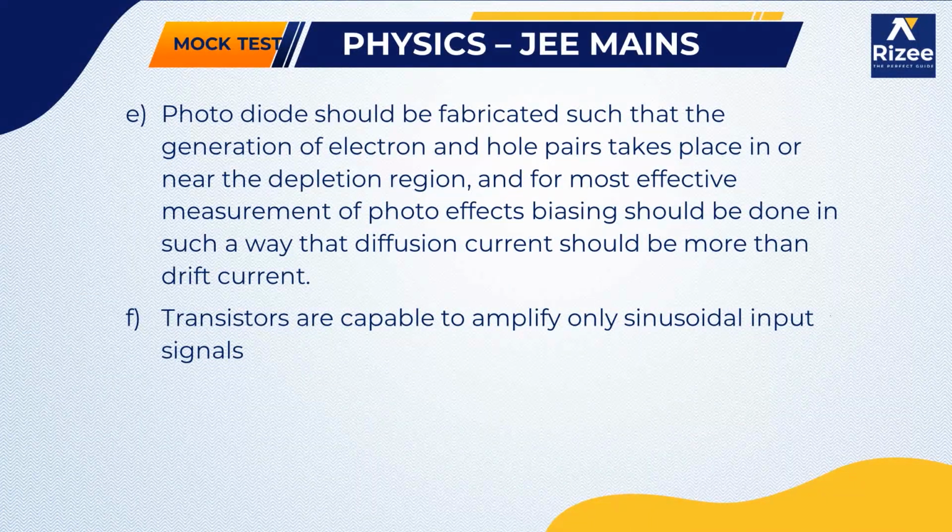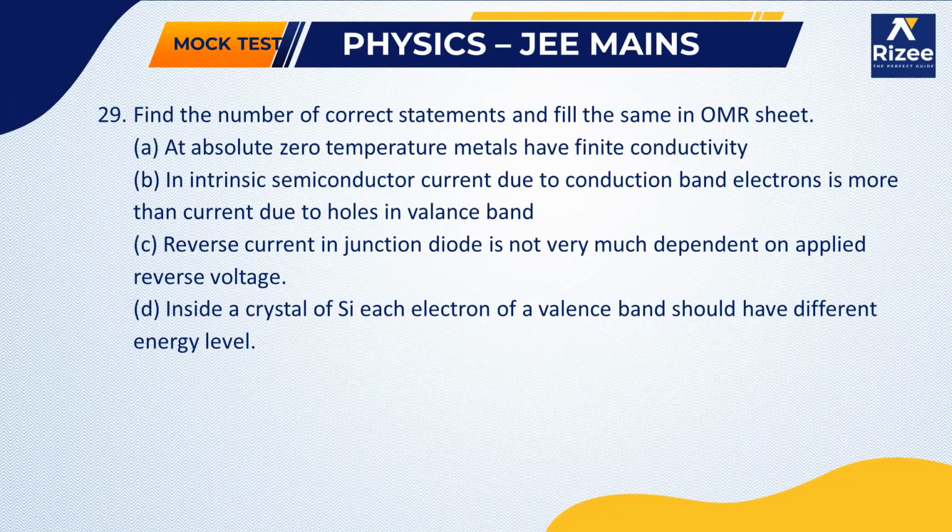Now the photodiode can be fabricated such that electron-hole pair generation takes place in or near the depletion region. For more effective measurements, photodiode biasing should be done in such a way that diffusion current should be more than drift current. So these are some of the questions. At absolute zero intrinsic semiconductor, the conduction band electron current is more than the current due to the holes in the valence band.